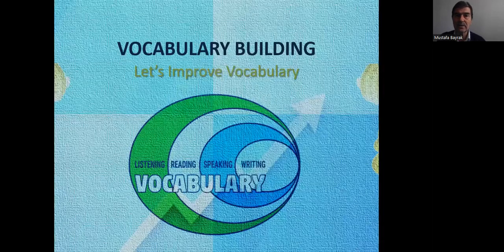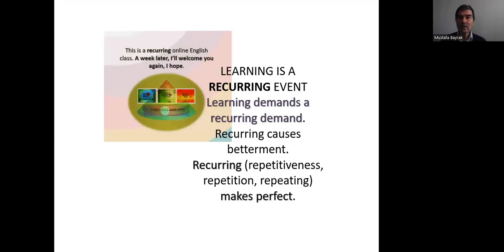Okay, this is the key. Now vocabulary, study now. Learning is a recurring, yes, happening again and again, event. Learning demands a recurring demand. Here demand is both noun and verb.